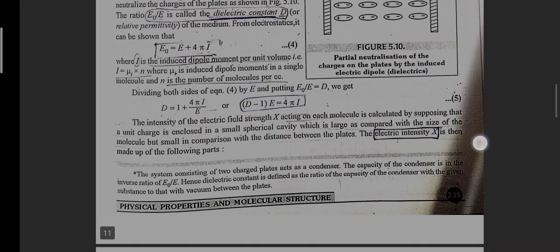The electric intensity X is then made up of the following parts. First, the field strength of the charges on the plate, that is E naught.